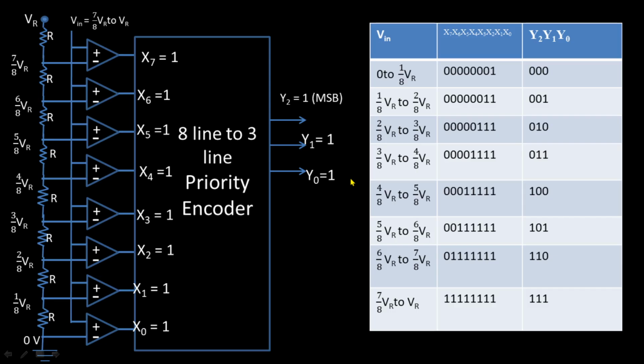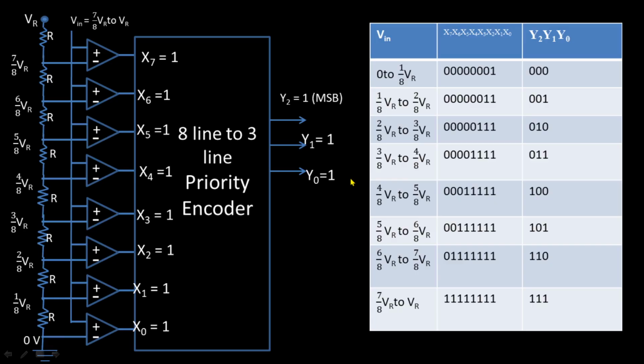So the delay is very small. It may be less than 20 nanoseconds also. That is the main advantage of this A to D converter. That's why it is called a flash type A to D converter.